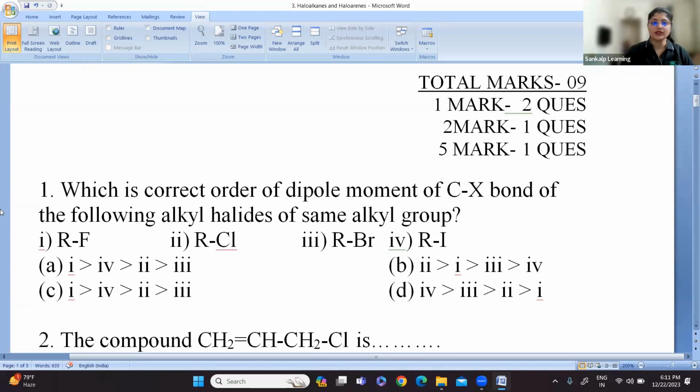Don't know what is dipole moment? Did not study haloalkanes and haloarenes in your schools and colleges? Yes, students. What is dipole moment?